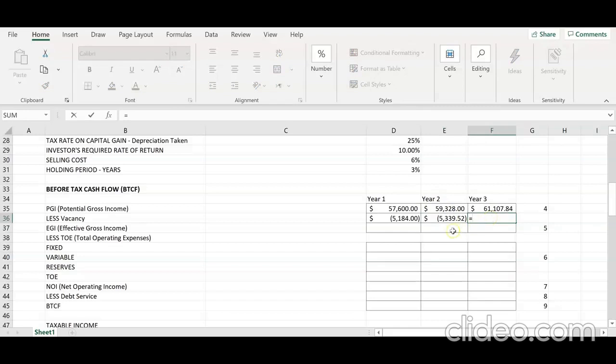Same as well for the third year, multiply by.